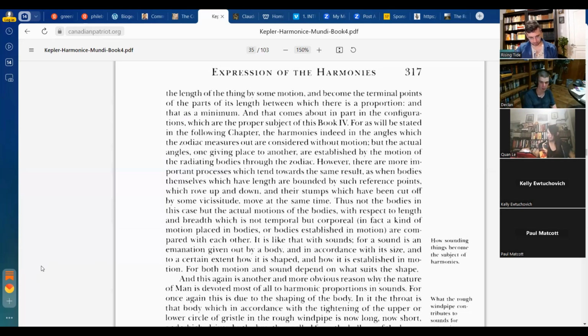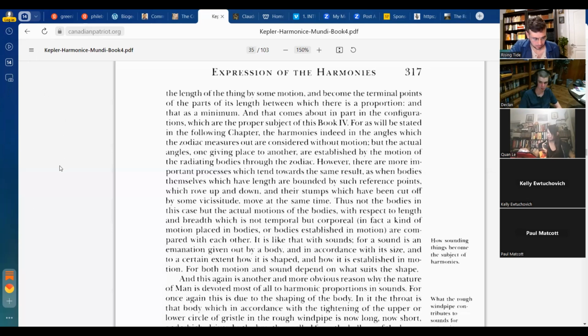But the actual angles, one giving place to another, are established by the motion of the radiating bodies through the zodiac. However, there are more important processes which tend toward the same result, as when bodies themselves, which have length, are bound by such reference points which rove up and down, and their stumps, which have been cut off by some vicissitude, move at the same time.